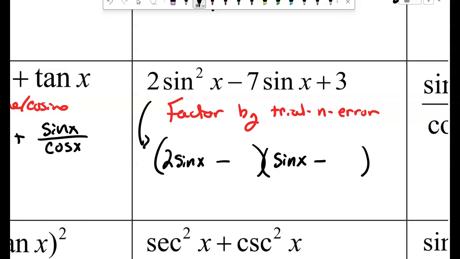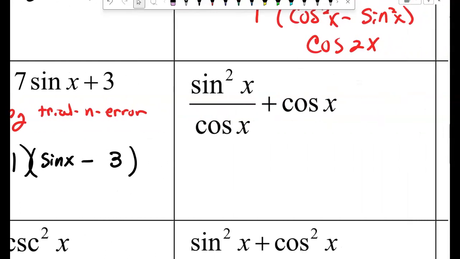Where should I put the 1? So this side, right? Yeah, because if we do a quick FOIL in our head, we do the outside and inside, we get a negative sine x plus a negative sine x. It's negative sine x, so we got it. Now someone goes, why is that very helpful? Forget me right now. Solving equations later, that's huge, that we're able to do this and recognize that when we're having those. All right, feel good about this one so far? All right, here's the next one.